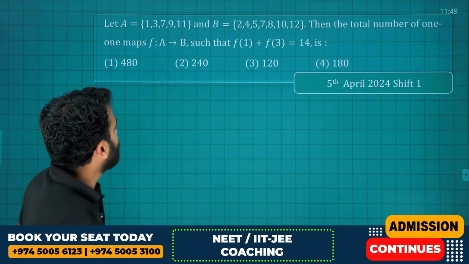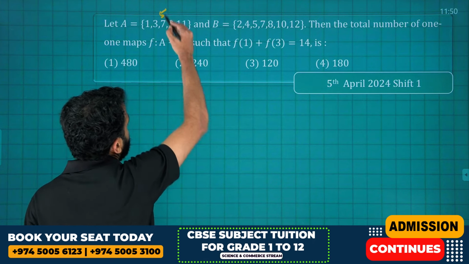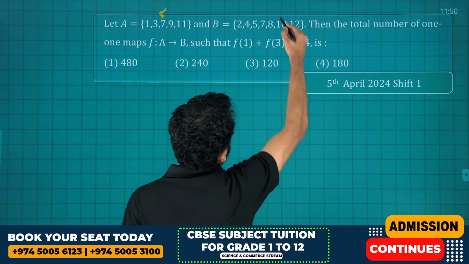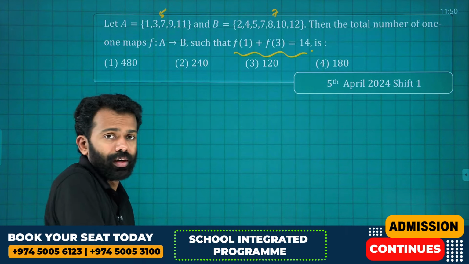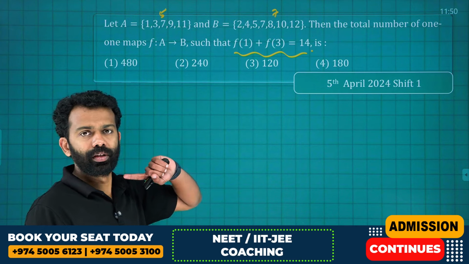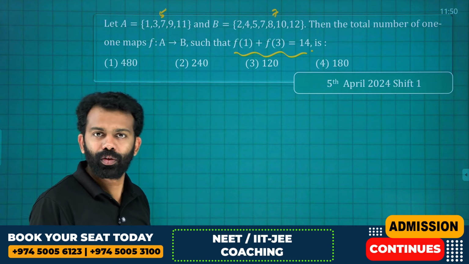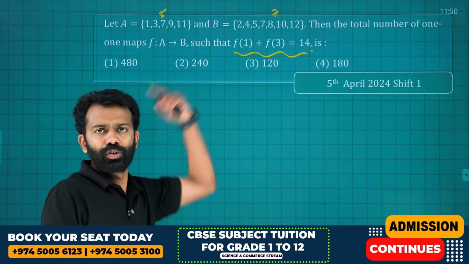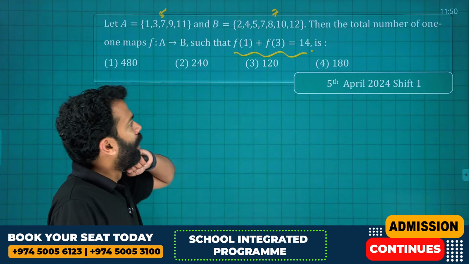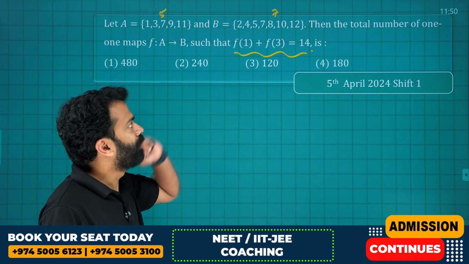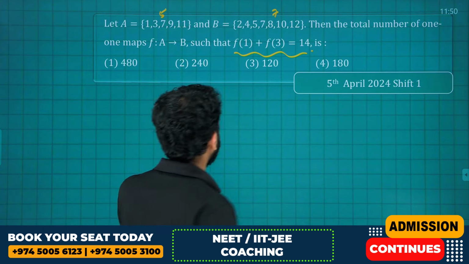This set has 5 elements in it, and this has 3, 6, 7 elements in it. Without this condition, if we neglect the condition, how many one-one functions will be there? 7P5. And we can formulate this. I think it's easy with respect to the last question.